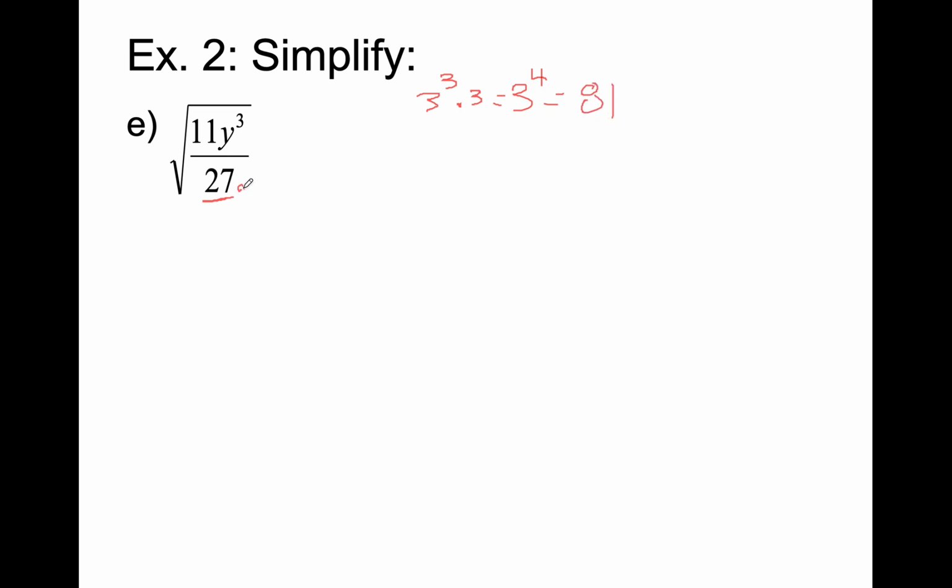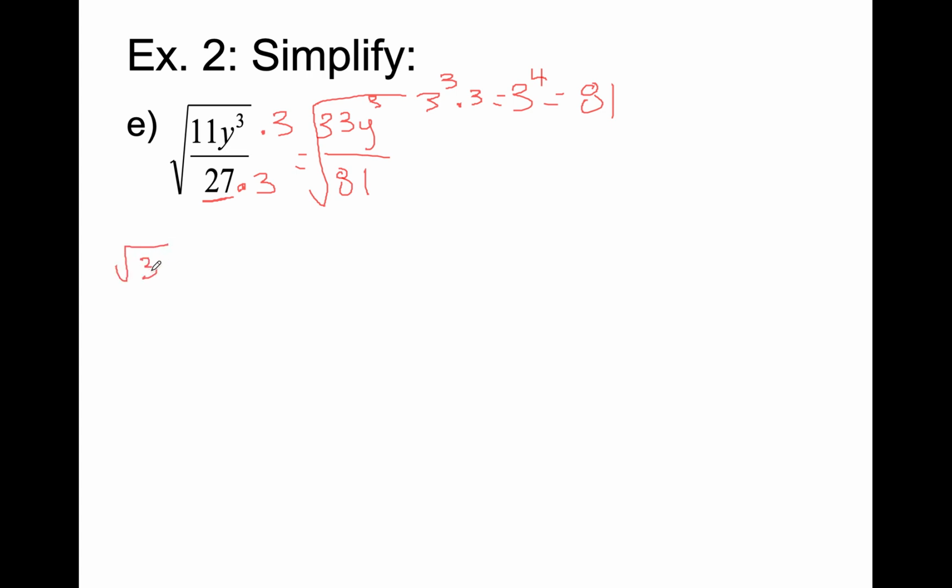So I'm going to multiply 27 by 3, meaning I'm also going to multiply the numerator by 3, which gives me 33y cubed all over 81. That's the radical of all that. Next step, I am going to use the product property and break it up into radicals.